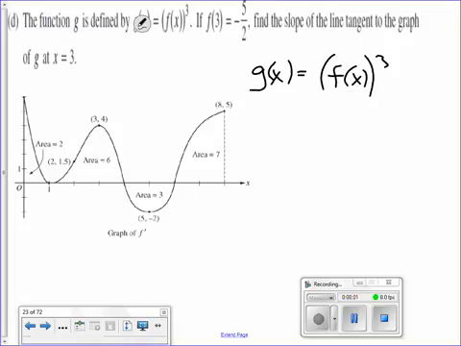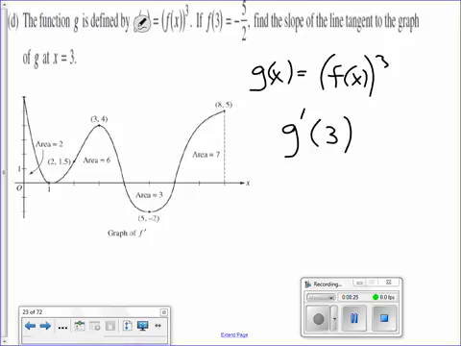And they also tell us that f of 3 is negative 5 halves. Find the slope of the line tangent. Let's translate that. Find the derivative to the graph of g. So find g prime, the derivative of g, at x equals 3. This is what we have to find. And they also gave us that f of 3 is negative 5 halves.